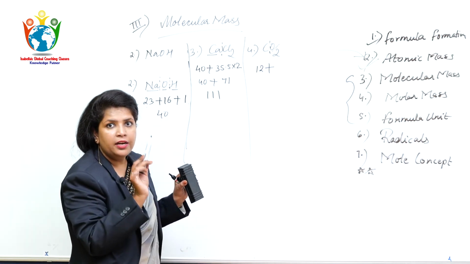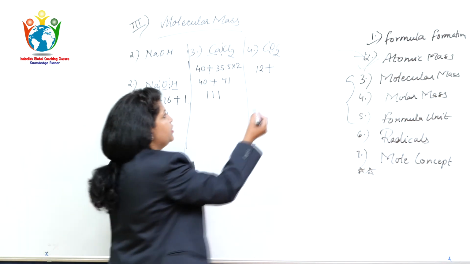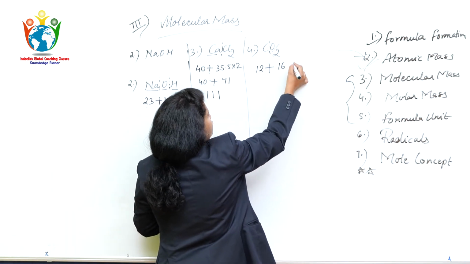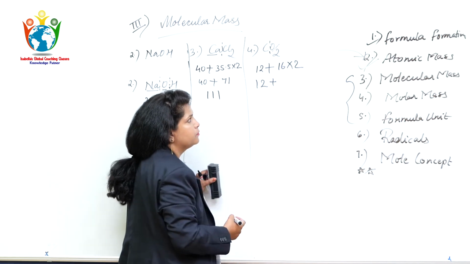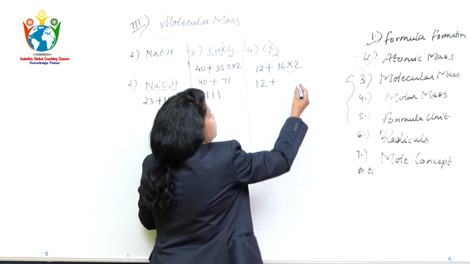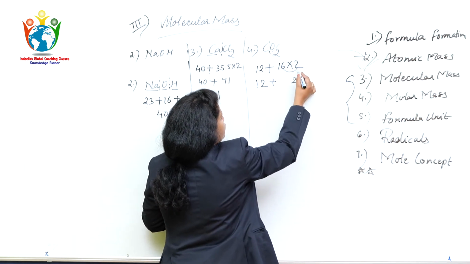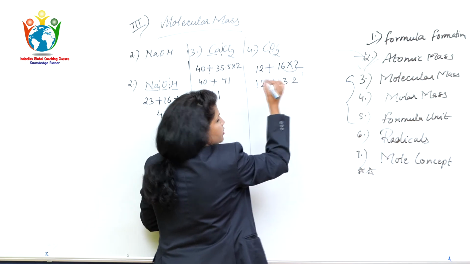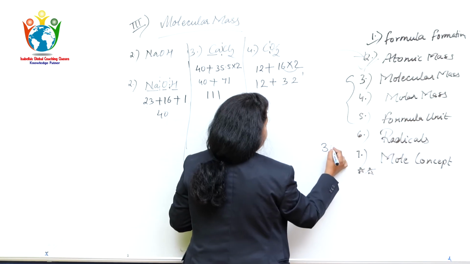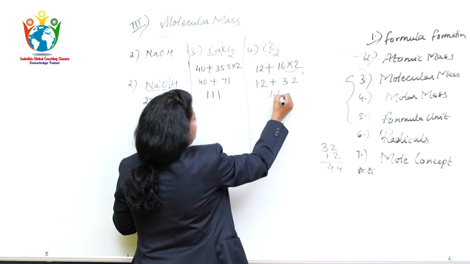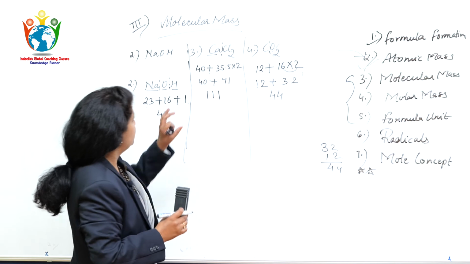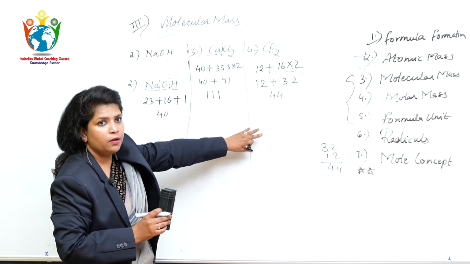Serial number 8, 8 multiplied by 2 is 16, we can directly write 16. Now you have to multiply with this 12. 2 sixes are 12, carry 1, 2 ones are 2, 2 plus 1 is 3. So 32 plus 12, that is 44. Okay, now I guess you are clear with the molecular mass.